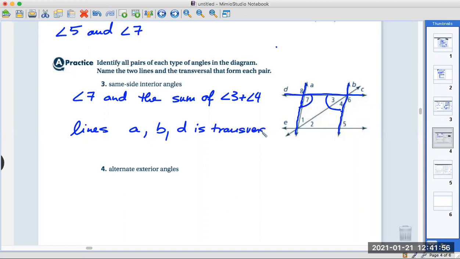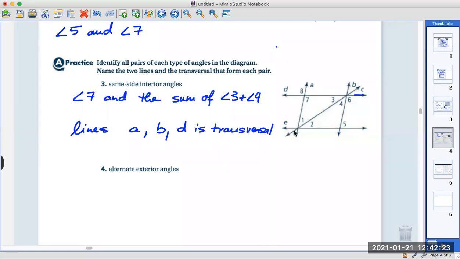So you have to kind of pick out what you need to look at and ignore the rest because there's a lot of stuff going on. So now we're going to look for alternate exterior angles. So I'm going to erase this because I have to maybe use some other lines. Alternate exterior. So if I pick these two, then I can use that as my transversal, but they don't have.